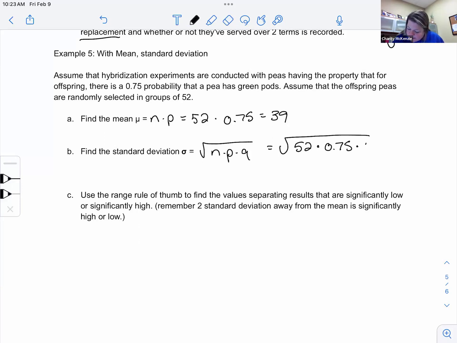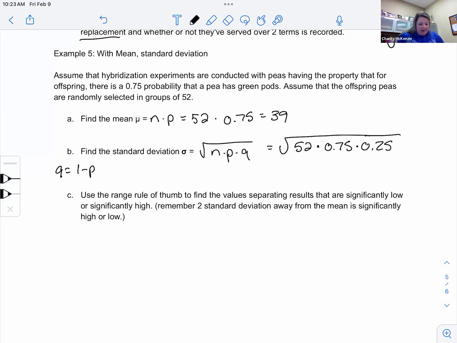Let's write it like that. So q is going to be 0.25, right? So q is equal to 1 minus p. You don't want it to be negative. Just remember you're subtracting it from 1. So that's where the 0.25 comes from.